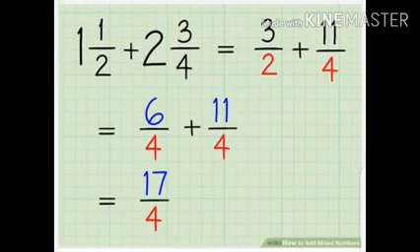Now the denominators are the same. We have common denominators. Now we can add the fractions. You add 6 and 11 and we get 17, and we keep the denominator the same, which is 4.